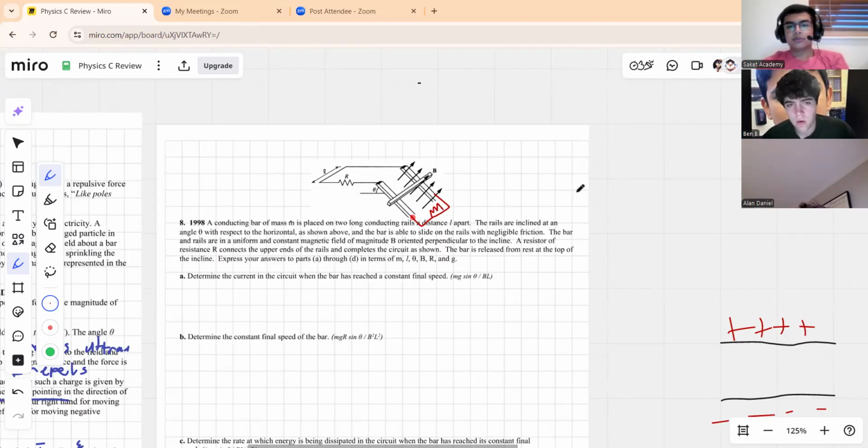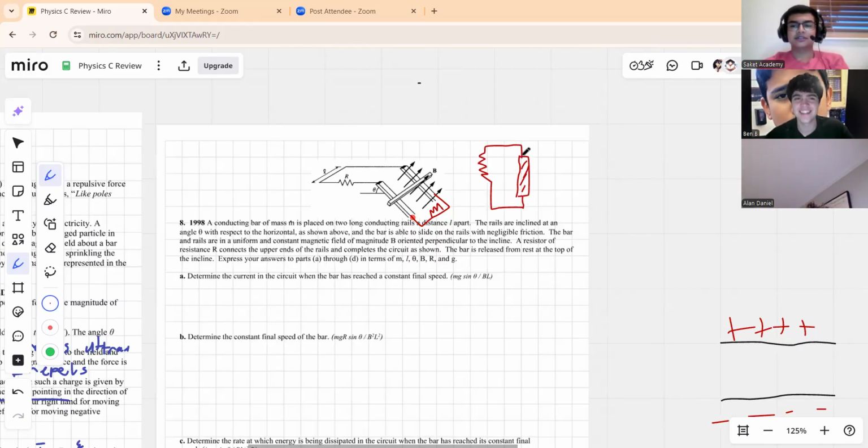So let's draw it in a more manageable format. We have our bar right here. It's an excellent drawing of a bar. Then we have our resistor, R, because it's like resistance.